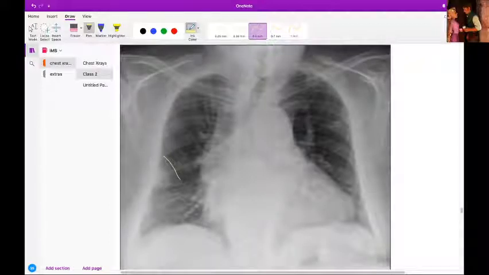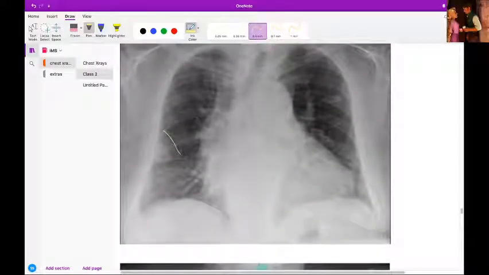Hampton Hump sign is basically a sharply demarcated wedge-shaped, subpleural wedge-shaped opacity. Okay, that is Hampton Hump sign.